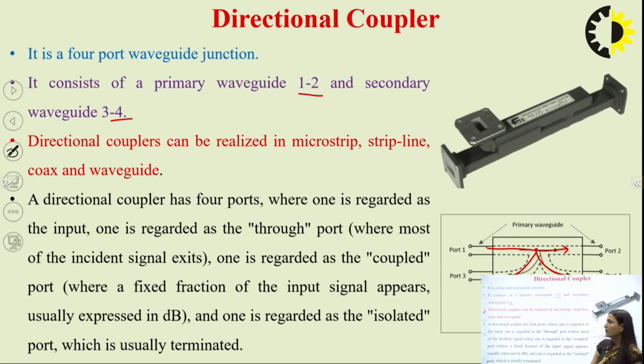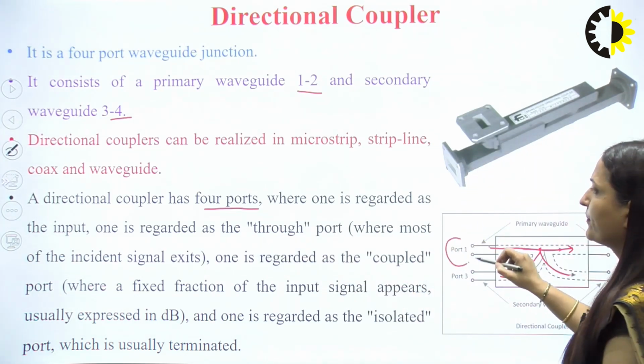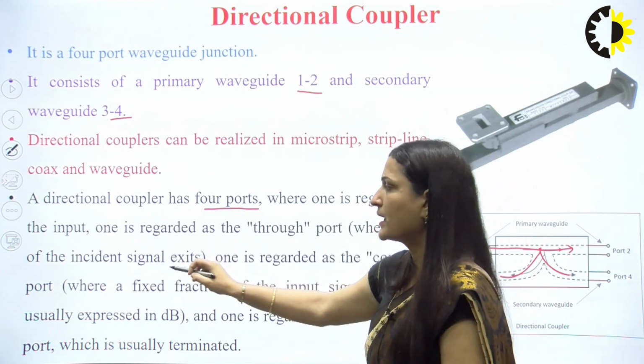It means for transmission of microwave signals, a directional coupler is used to connect 2 microwave signals or give direction to these 2 microwave signals. So a directional coupler has 4 ports. One is regarded as the input port, the port where most of the incident signal exists.